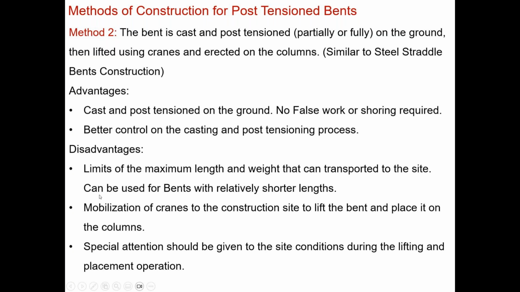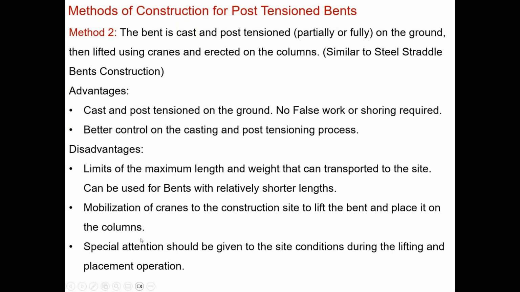So this can be used for bents with relatively shorter lengths. The biggest disadvantage is mobilizing the cranes to the construction site, which is sometimes critical, like operating cranes around rail tracks that are in operation, which is not preferred by the railroad authority, or sometimes it is difficult to mobilize the cranes to the site.